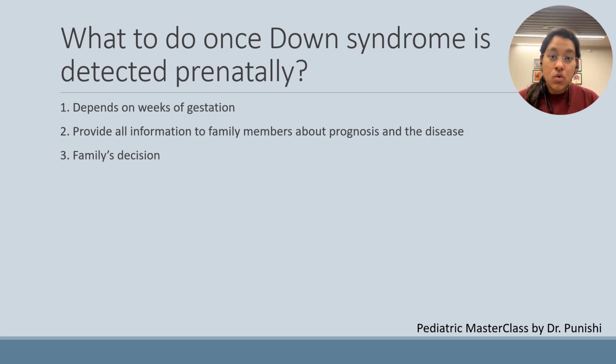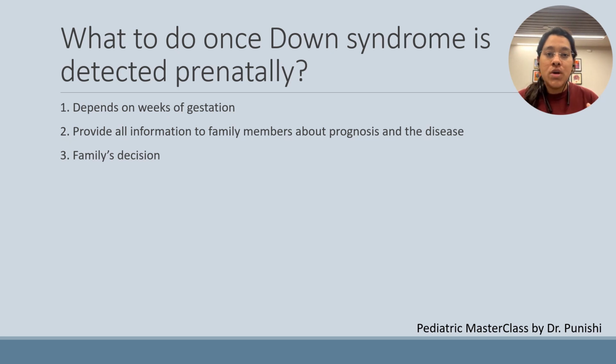Whether they want to go ahead with medical termination or whether they want to continue the pregnancy is completely the decision of the family. And according to the guidelines, MTP can be done up to 20 weeks or up to 24 weeks in certain special situations.